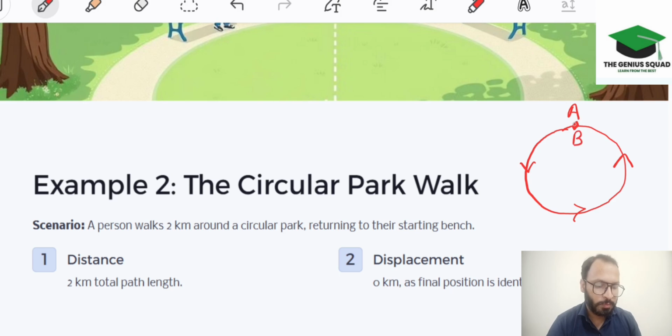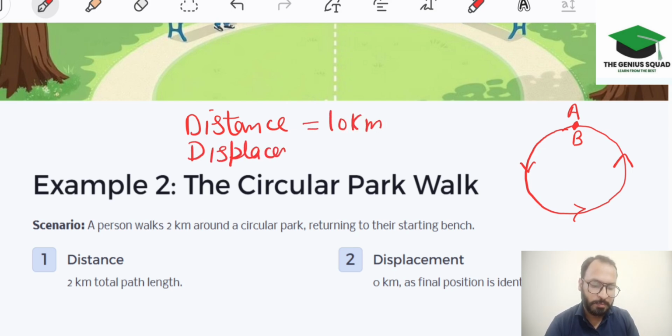You are starting from point A and also ending at point A, so your starting and ending points are the same, and the distance that you have traveled will be 10 kilometers. If we talk about displacement, what is the shortest distance between the starting and ending point? As both are the same point, the distance between them is 0. That means the displacement will be 0 kilometers. So this is the example of a circular park.